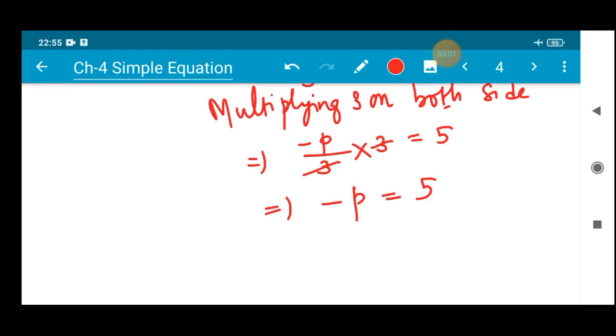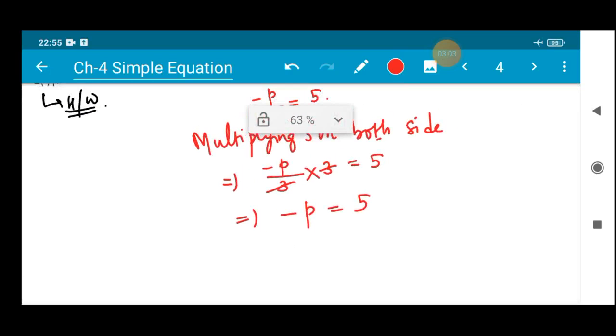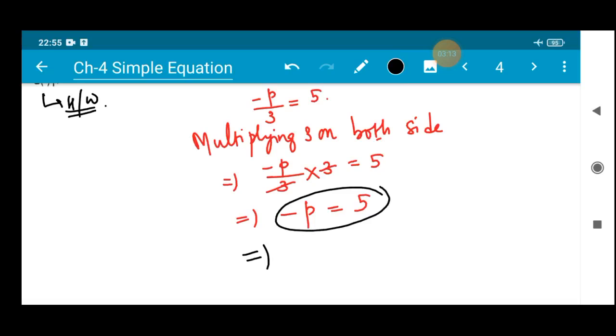So you already know that the variable should be alone, without any sign, without any coefficient, right? So in this case, the variable is not alone. So in order to make it alone, I have to neutralize this. So let us multiply by minus on both sides.